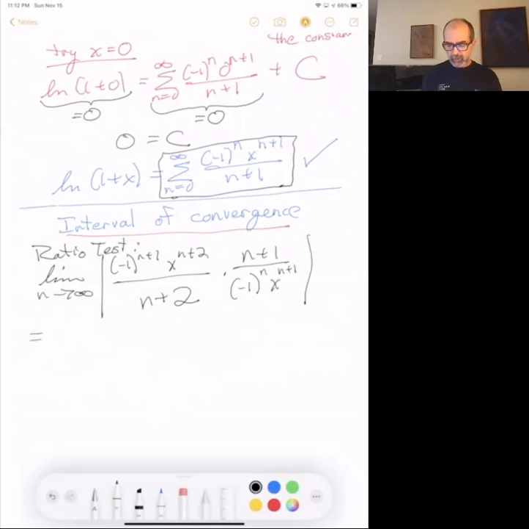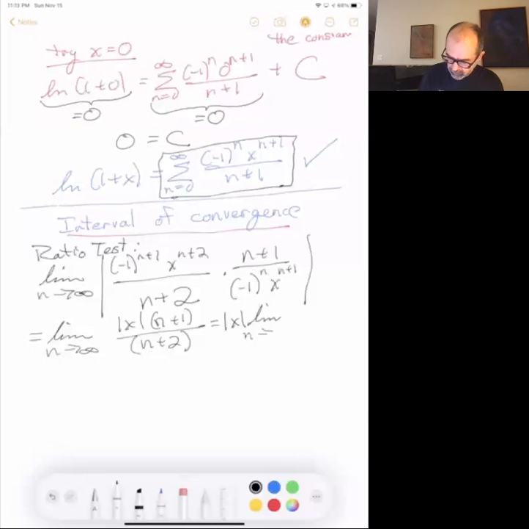So when I get rid of the absolute values, I can certainly get rid of all the negatives, and it simplifies very nicely to x times n plus 1 over n plus 2. Note n plus 1 over n plus 2, I can take out the absolute value of x, like so.